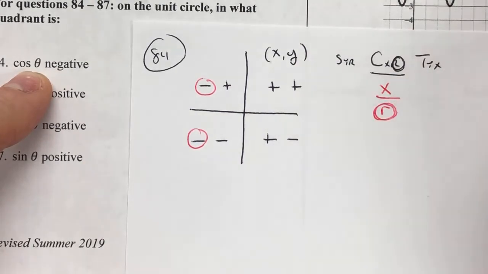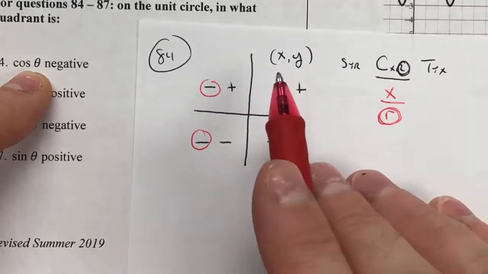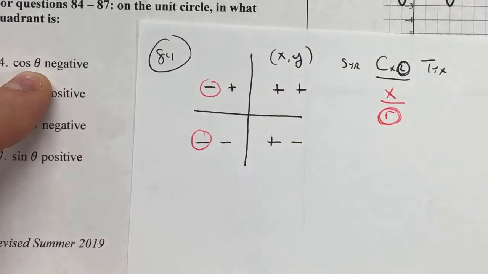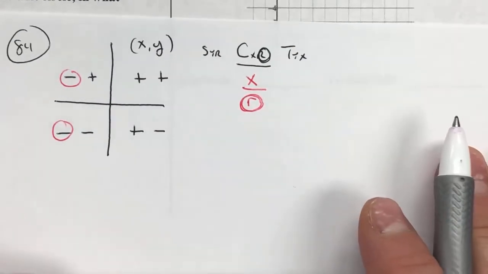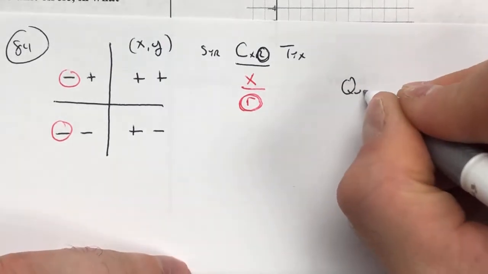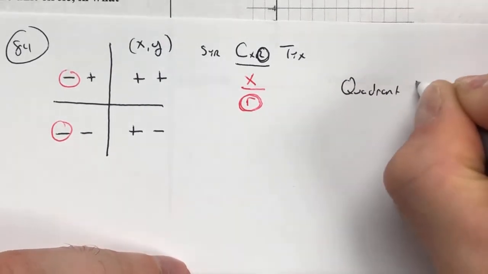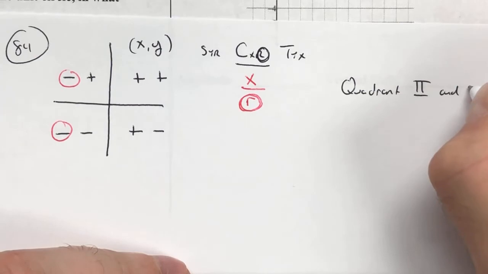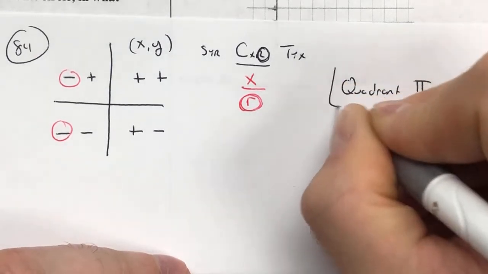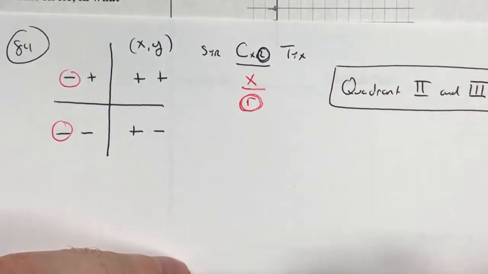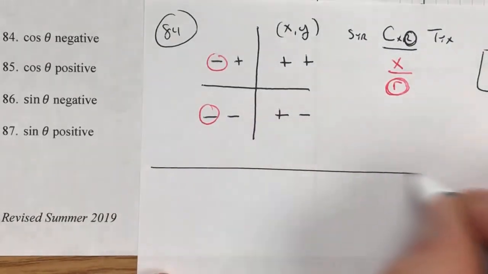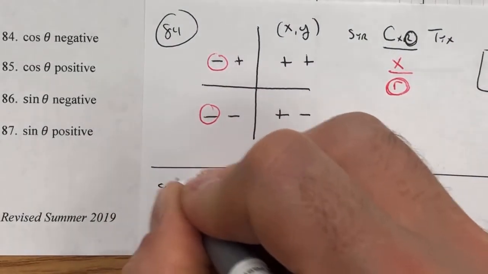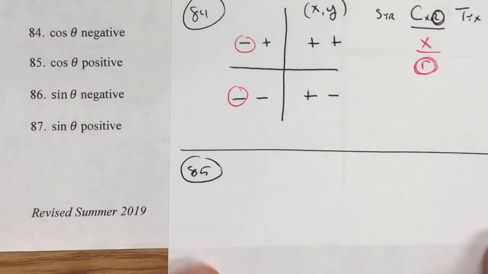During these two, so quadrant 1, 2, 3, 4, that'd be quadrant 2 and 3. Awesome. That's 84.